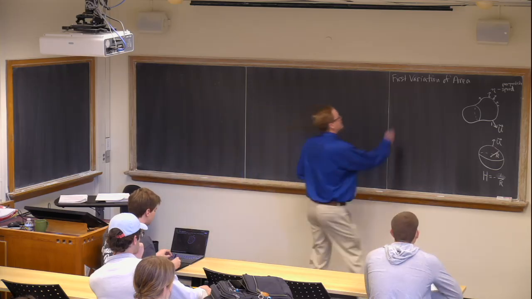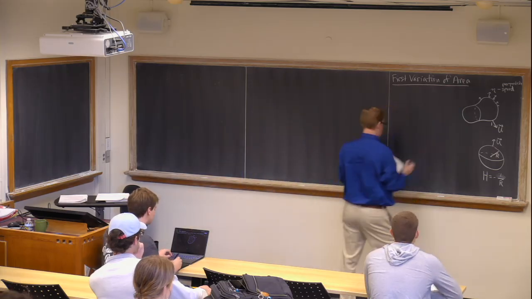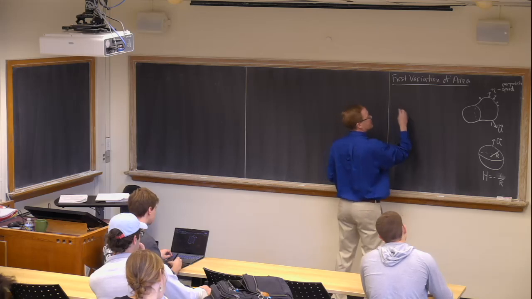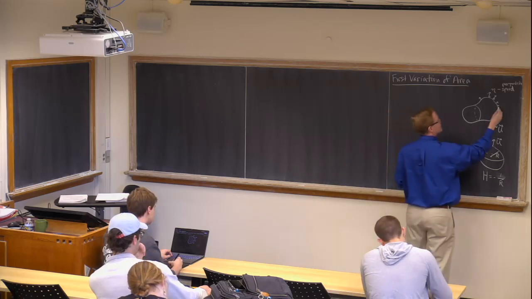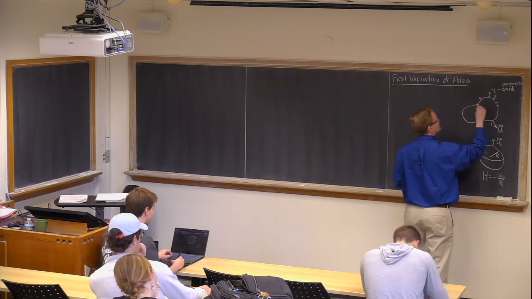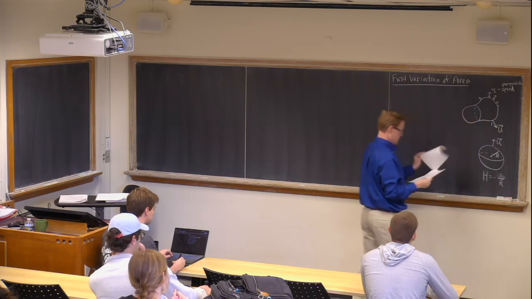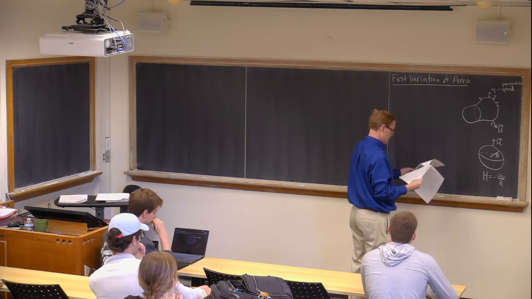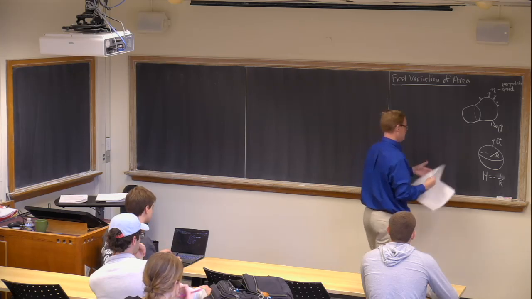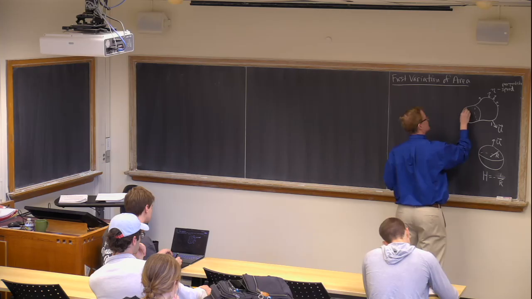And so what we're about to prove is, really what we're going to do is find a family of surfaces. So imagine you have your original surface here. We'll call this first surface M0.